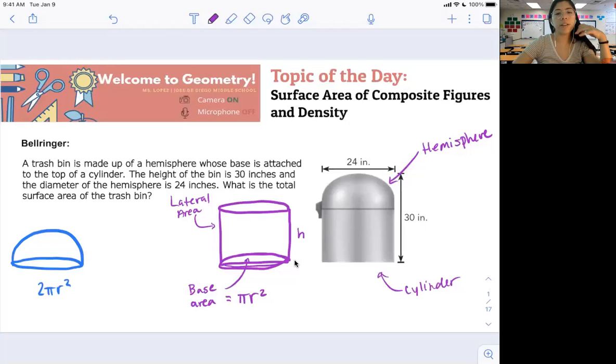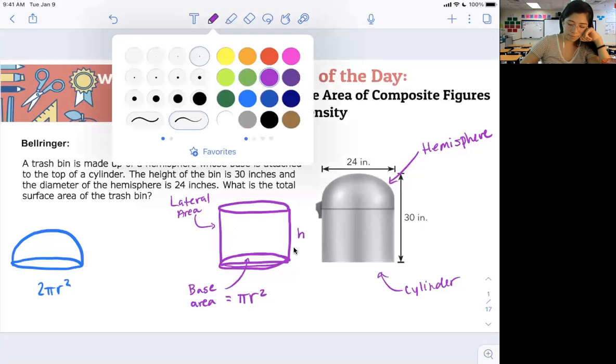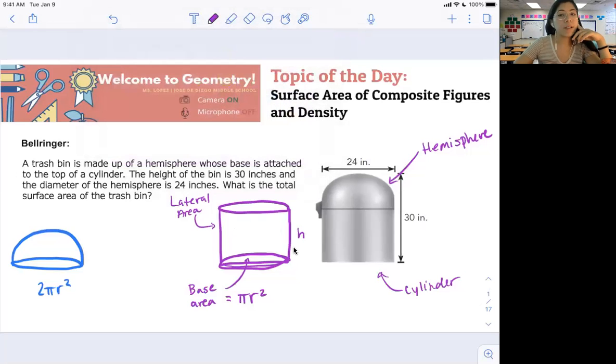What is the lateral area for a cylinder? Break it down if you don't remember. What type of shape does it make? What's the area of that shape? Pi r L, that's for a cone. Or we don't have a cone, we have a cylinder.